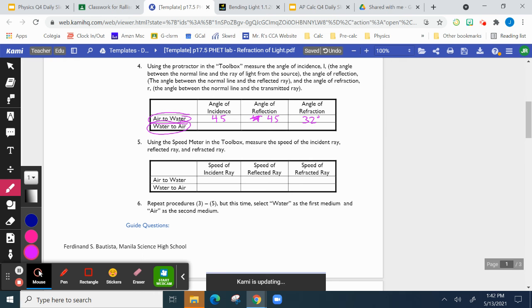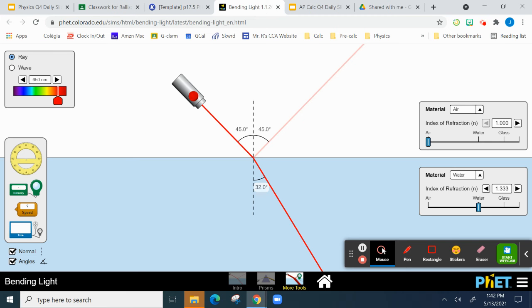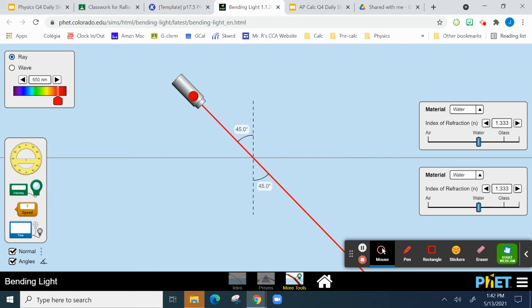Now we're going to go water to air. We're just going to switch those around. Notice that there is no refraction or reflection when it's going from water to water, because it's the same material. And obviously you can't just put water next to water, but you can sandwich glass together.